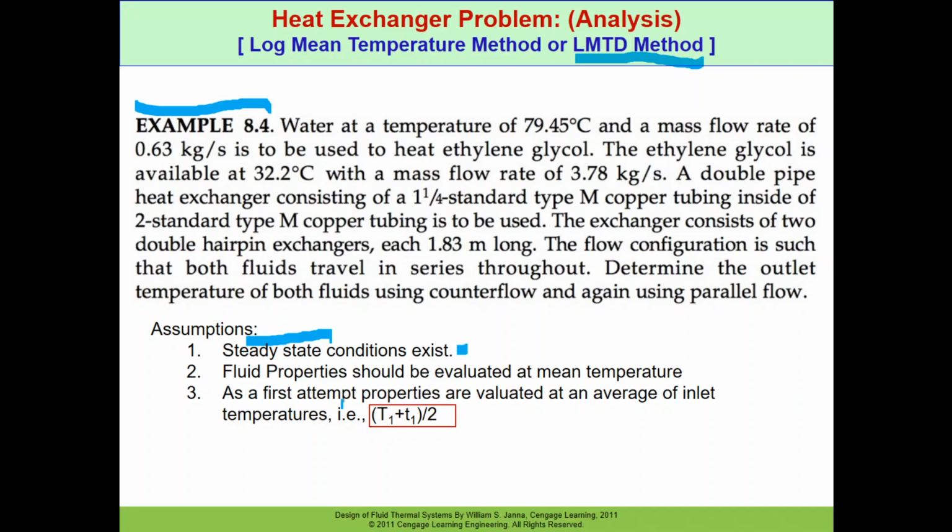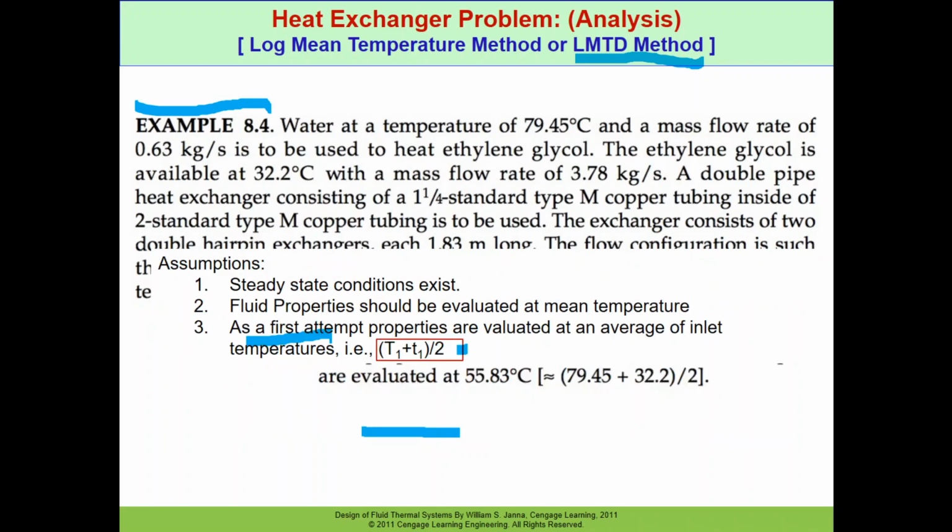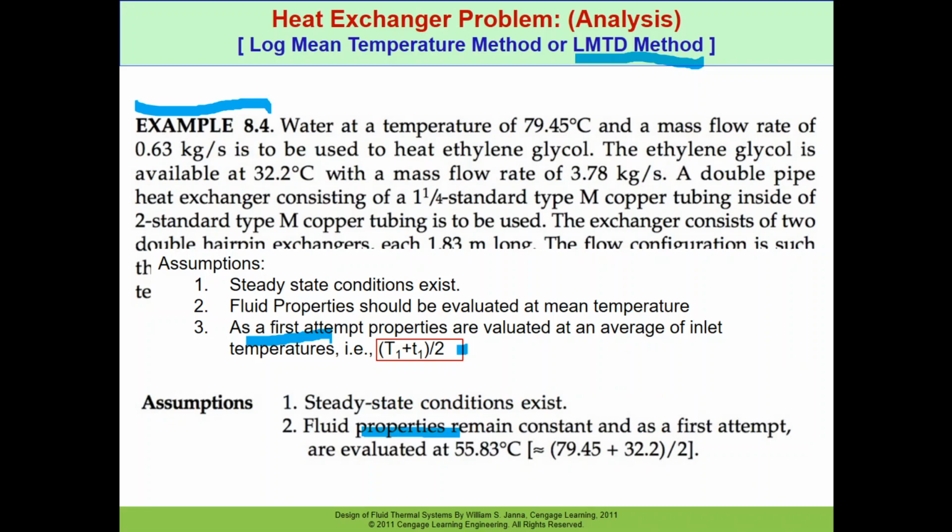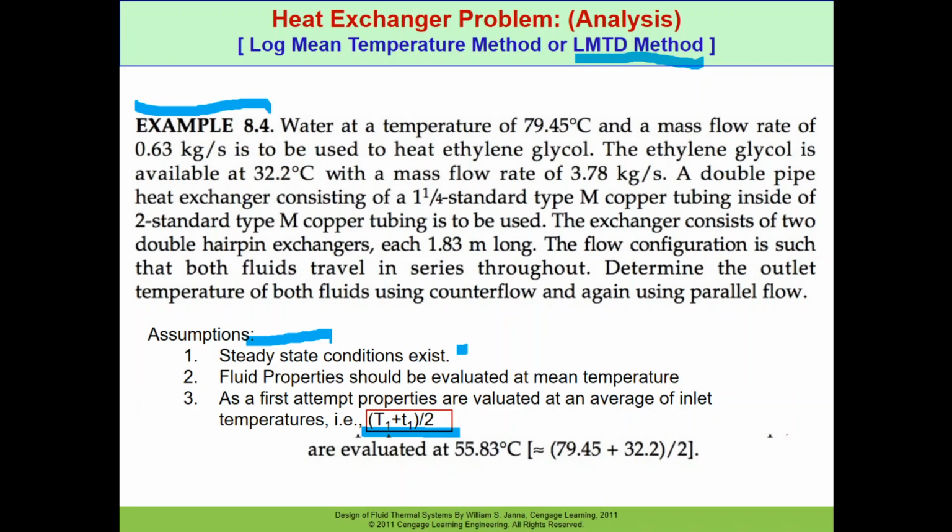So as a first attempt for the properties, we take the average of these two temperatures, the inlet of the water and inlet of ethylene glycol, and then we will find the properties from the table at this temperature, which comes out to be 55.83 degrees Celsius.